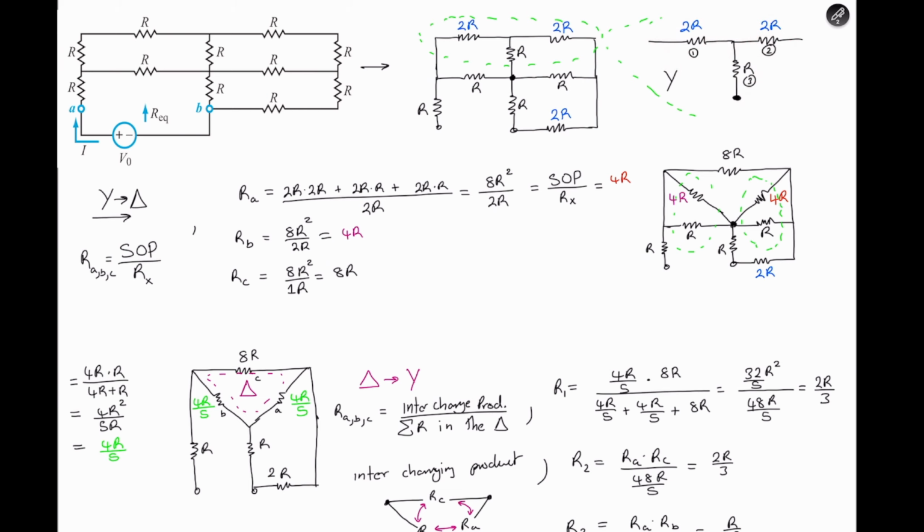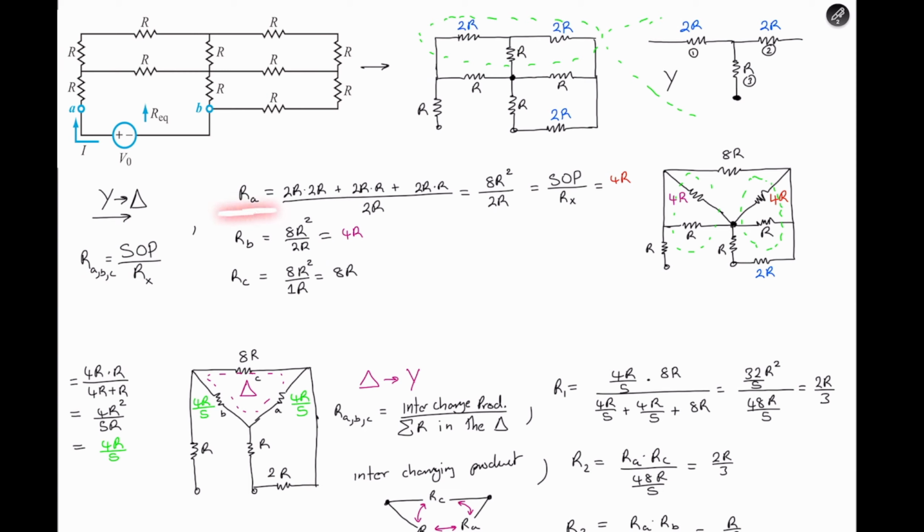So moving over to the left, we say in Y to delta configuration, and this equation is kind of like just a thing of mine. I call the top the sum of the products, and the bottom, that's the target resistor.